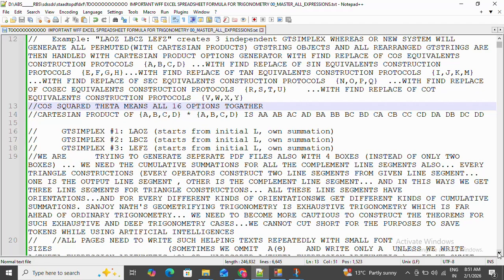Now GT simplex LAOZ starts with the initial L and own summations, and GT simplex 2 LBCZ also starts with the same L and own summation, and LEFZ starts from the same initial line segment L and the own summation, and all of these things are coming on different tracing paper sets. From the stack of the tracing paper sets we were seeing the images that we are showing in the simulator window.